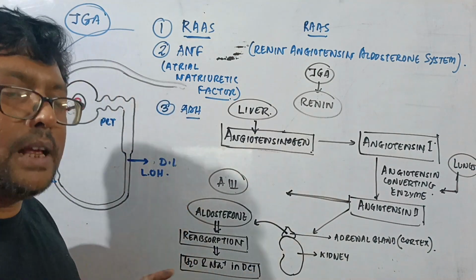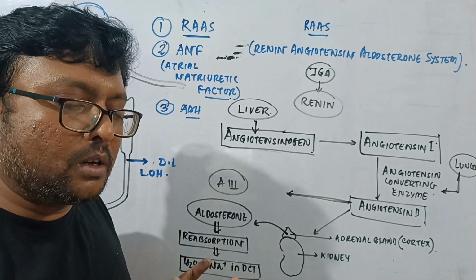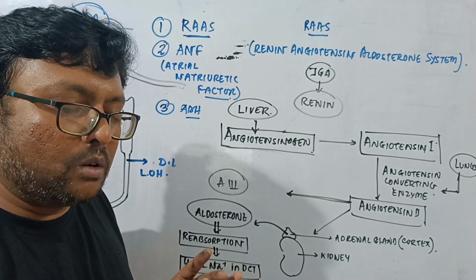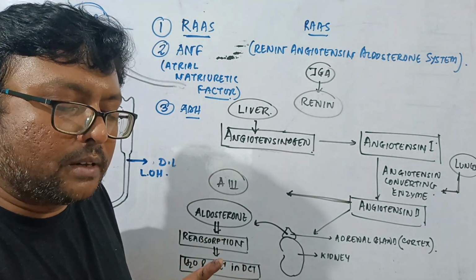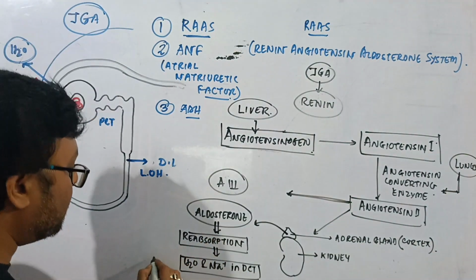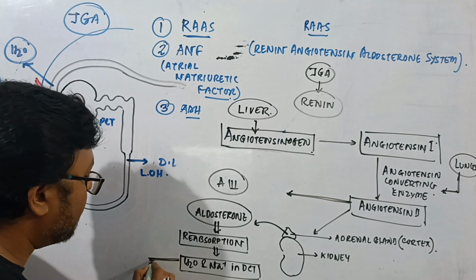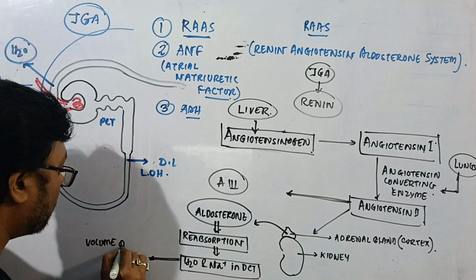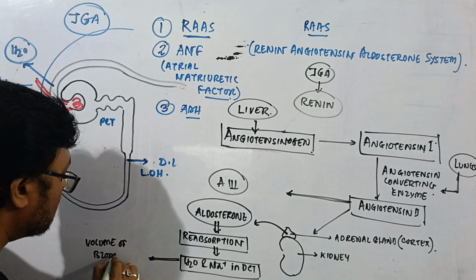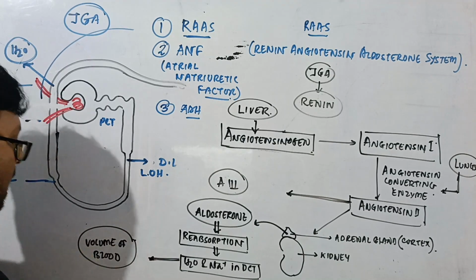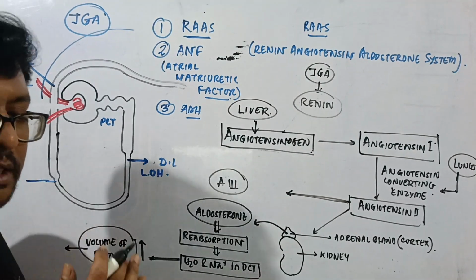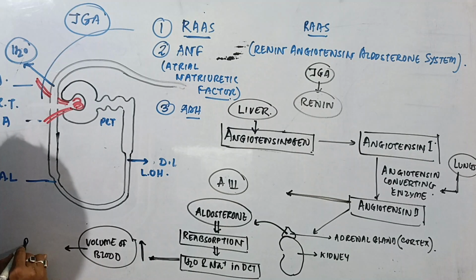To some extent, aldosterone also helps in reabsorption of water from the filtrate, and basically it occurs in the DCT itself. So when water reabsorption occurs, the volume of blood increases, and when the volume of blood increases, obviously the blood pressure also increases.